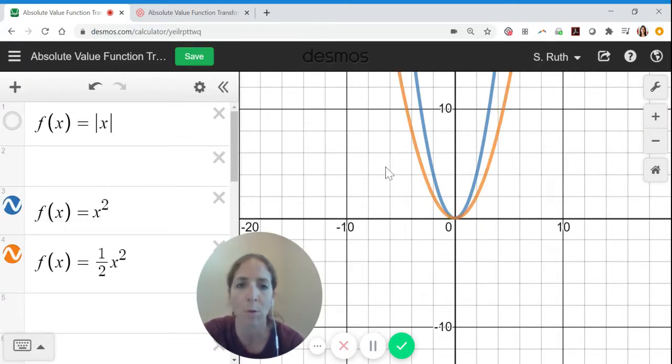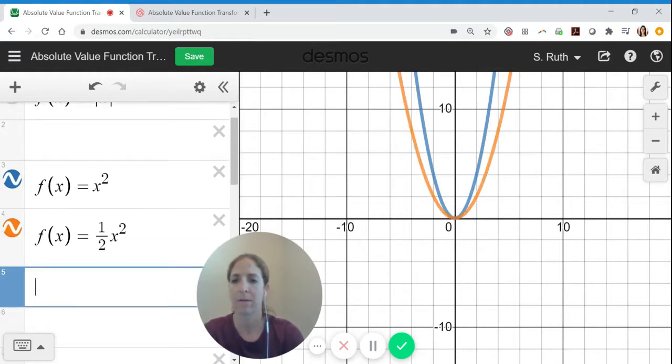So the graph in orange has a 1/2 coefficient on the x squared. The blue is just 1x squared, the base graph. So we can see here that throwing a constant multiple, a coefficient out front of x squared, in this case made the graph wider, but not every coefficient will make the graph wider.